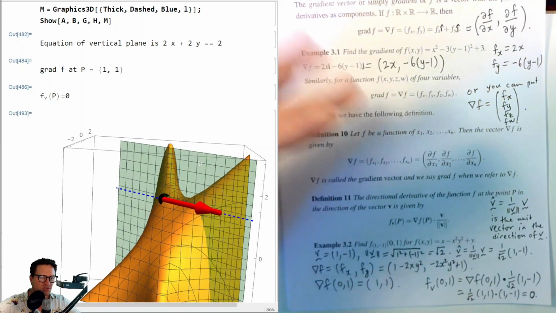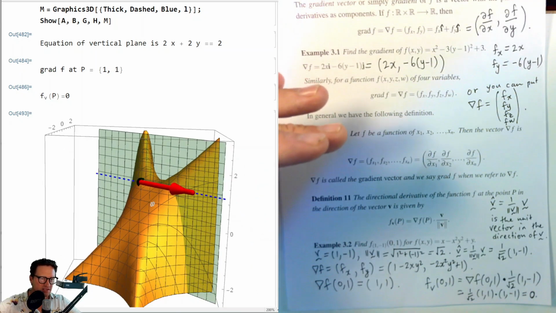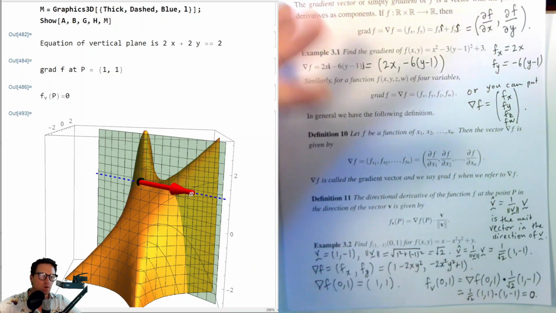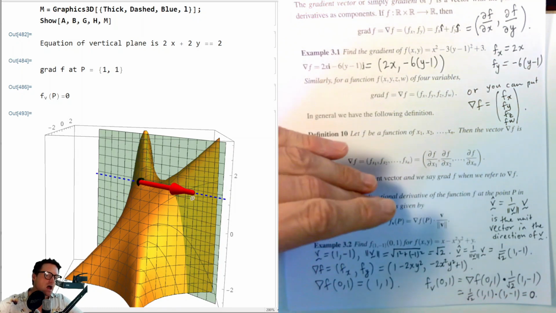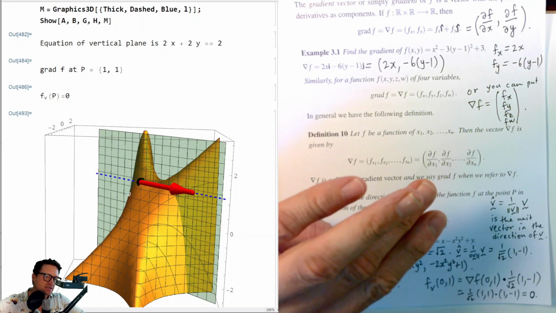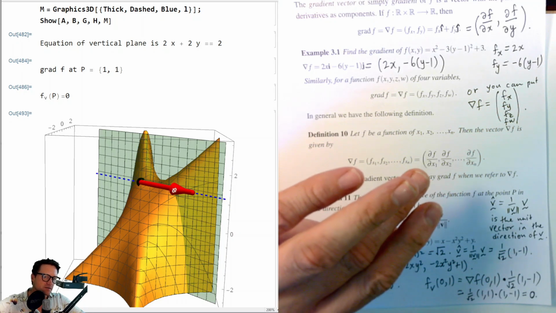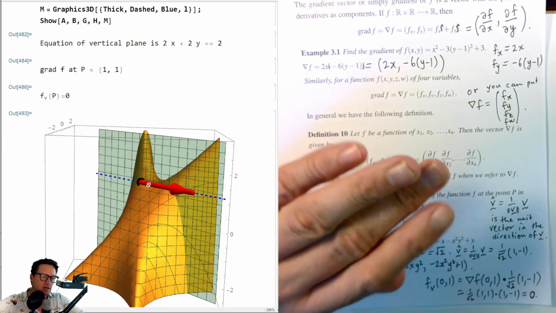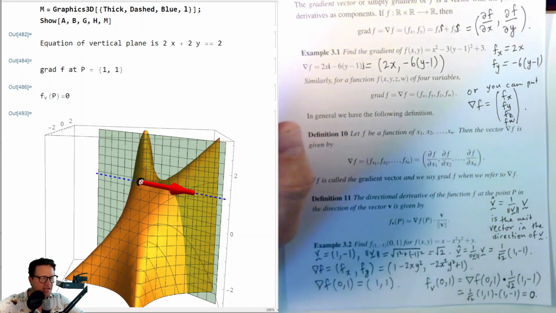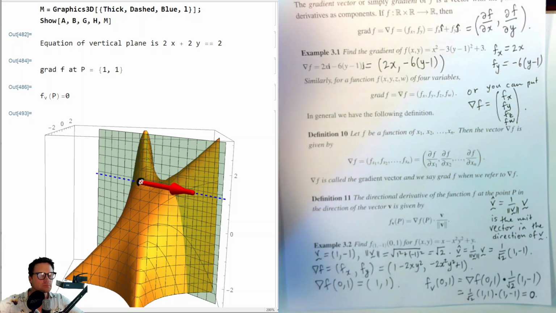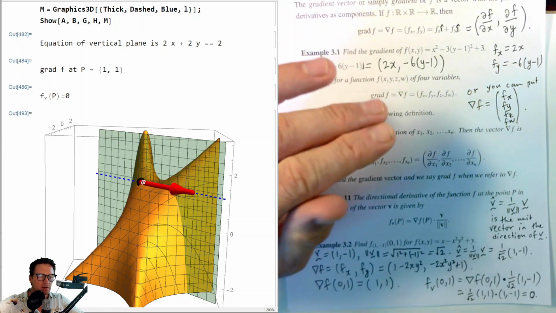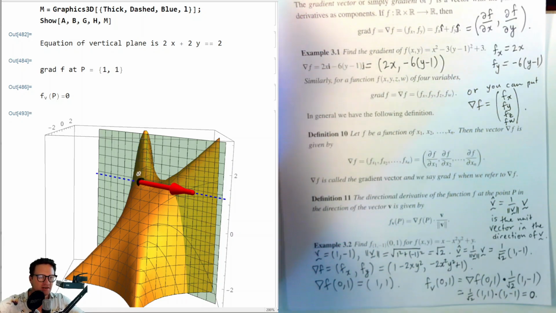So if you wanted to take the slope of this surface in the direction of this red vector v, what you would be doing is taking the slope of this vertical slice through the surface in the direction of that vector v. You'd be taking the slope of that intersection, or the curve of that intersection, right? What is the slope at P, or this black point, of that intersection?